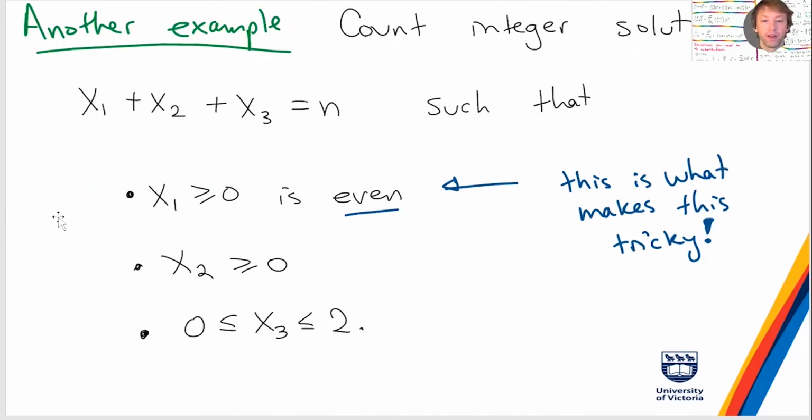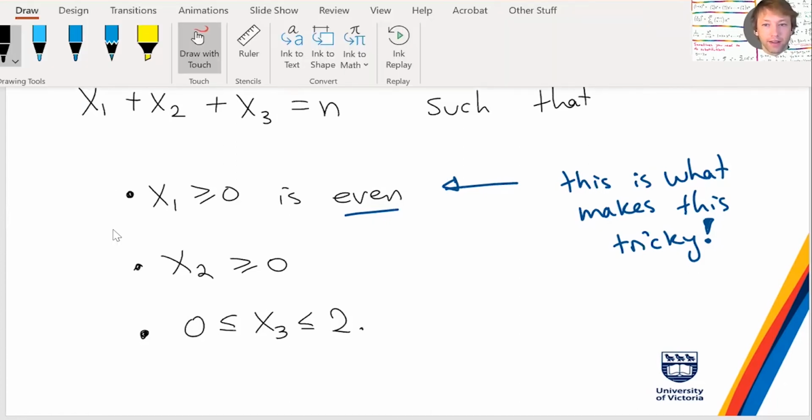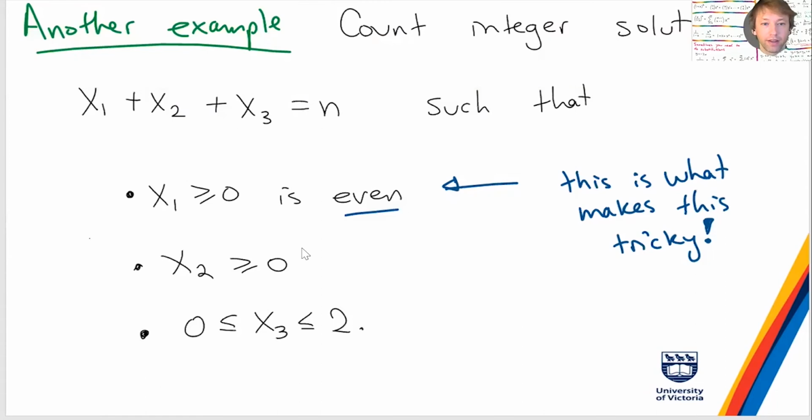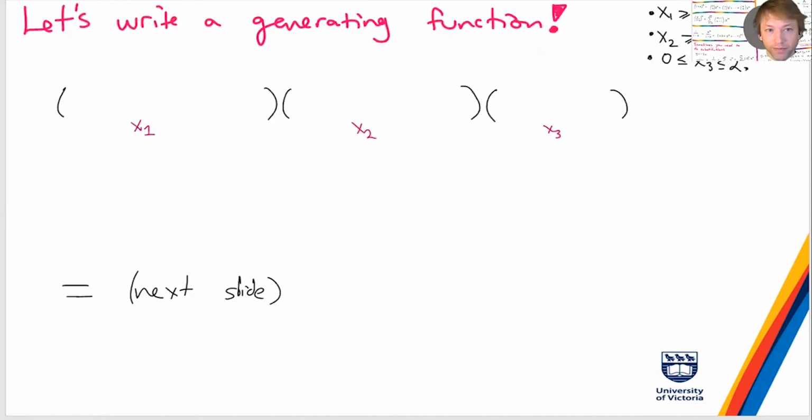Okay, so let's count integer solutions to x1 plus x2 plus x3 equals n, such that x1 is even, x2 is at least 0, so any number at least 0, and x3 is between 0 and 2.